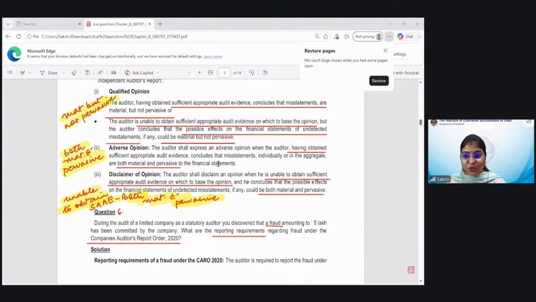It is going to ruin the balance sheet as a whole. So, a hopeless case: adverse opinion, where he has obtained sufficient and appropriate audit evidence, and based on that evidence he says the financial statements are not true and fair. The misstatements individually or in aggregate are material as well as pervasive. Have you understood this adverse opinion?